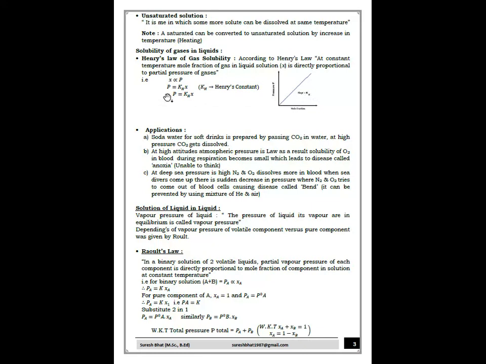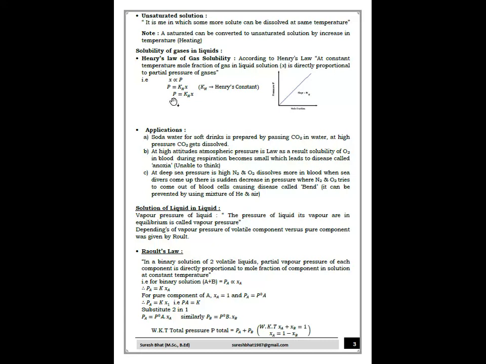In the examination they may ask you to state Henry's law and give its mathematical expression. Henry's law statement is at constant temperature, mole fraction of gas in liquid solution is directly proportional to partial pressure of gases. And the expression for that is P is equal to KH into chi, the mole fraction of gas in liquid solution.